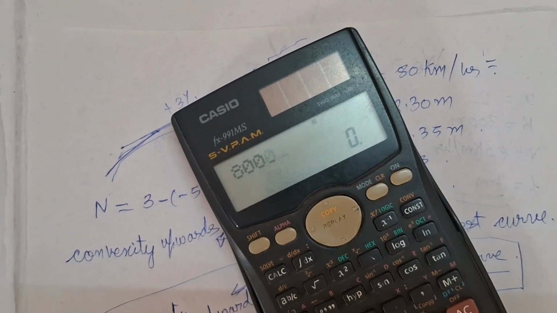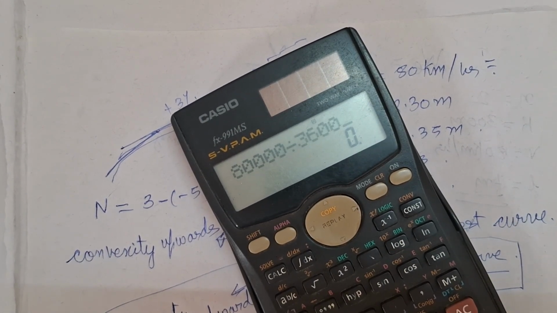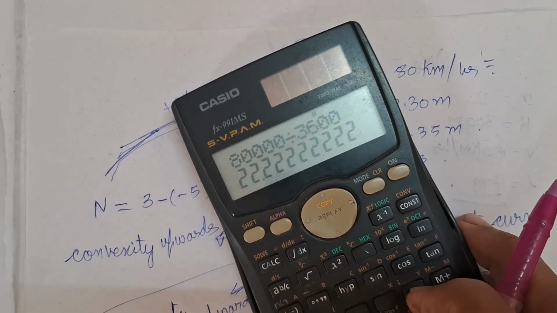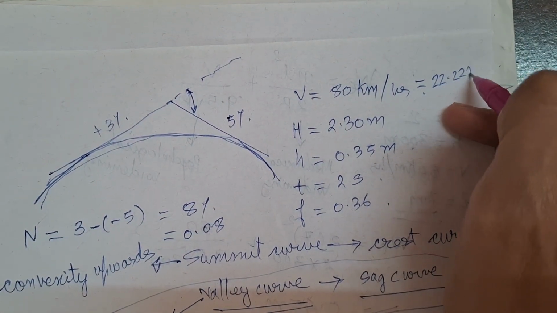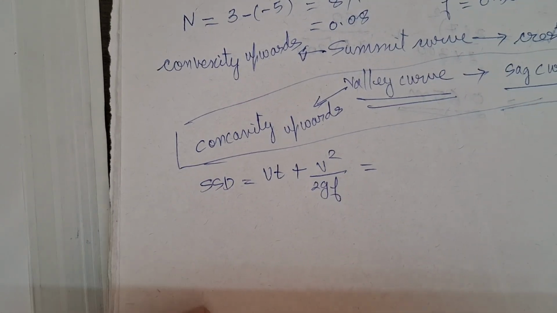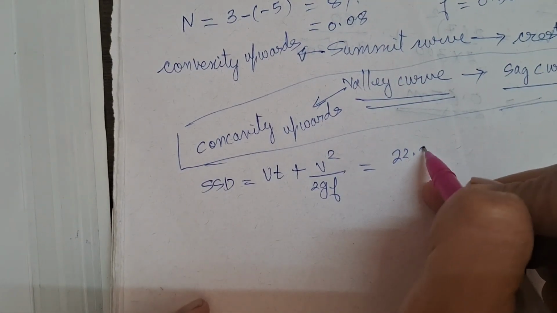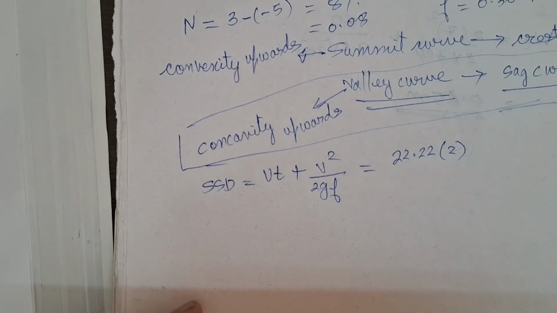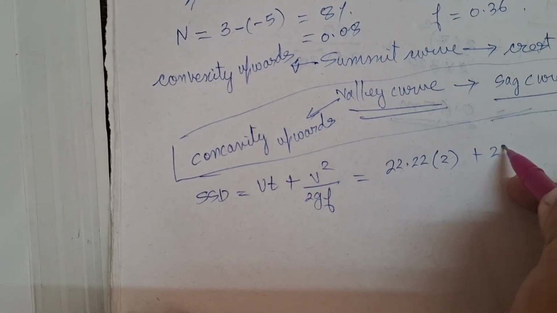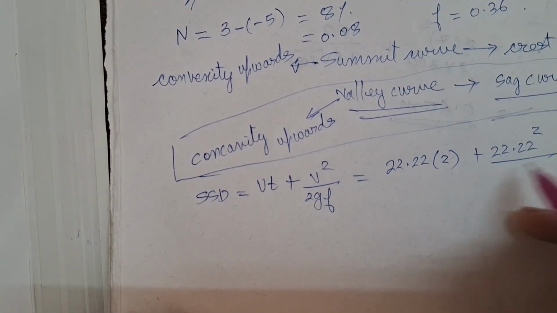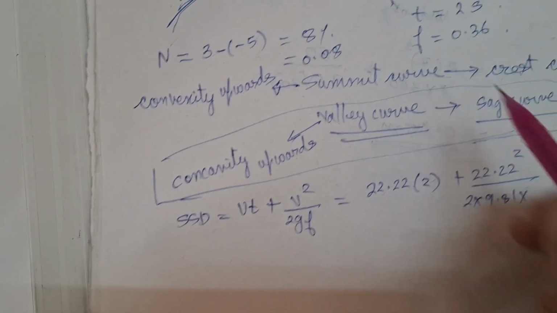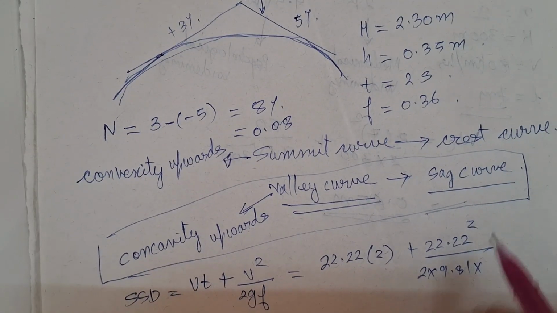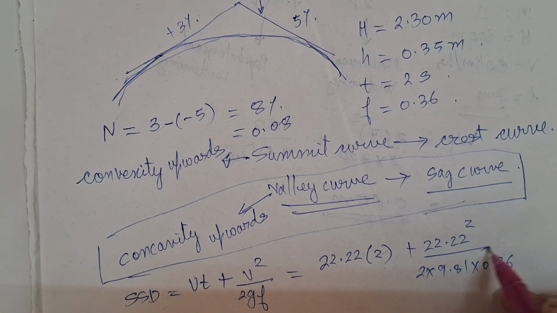So 80,000 divided by 3600, 22.22 meter per second. Now 22.22 into 2 second plus 22.22 whole square divided by 2 into 9.81 into 0.36.